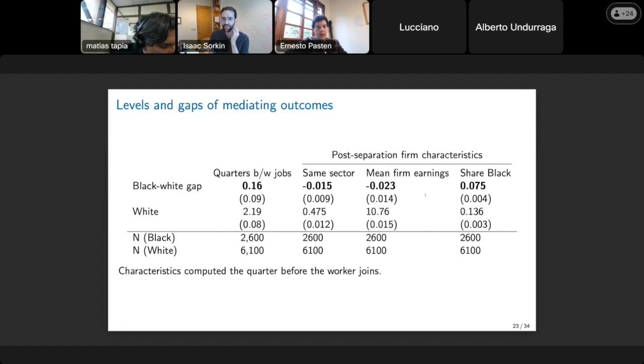Whereas in some sense, the mean firm earnings would make you think the other way, because there's a firm size gradient. And so the fact that Black workers end up at lower paying firms would make you think they end up at smaller firms. Sorry, I should have said this when I showed you the fact that Black workers are more likely to be employed at large firms. Unconditionally, if I were to tell you there's a group that's more likely to be employed at large firms than another group, which group do you think has a lower separation rate?